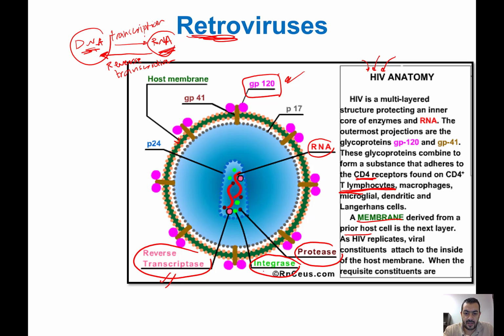Then the integrase will allow this genome, the converted one, which is now DNA, to be integrated into the host cells. And protease is the enzyme that cuts proteins into smaller fragments. So let's see how these different enzymes will work during the infection caused by the HIV.